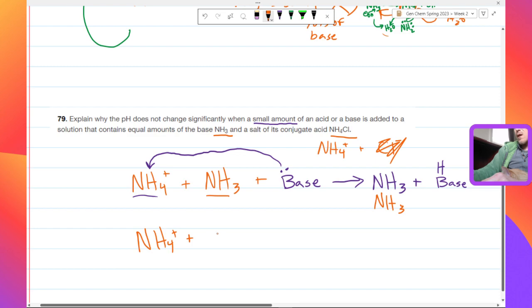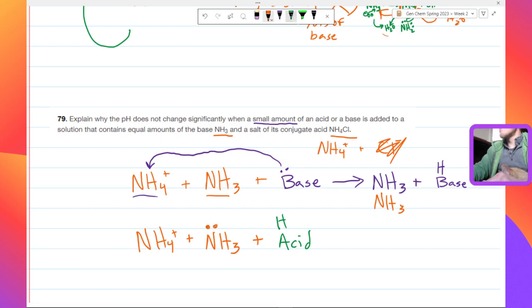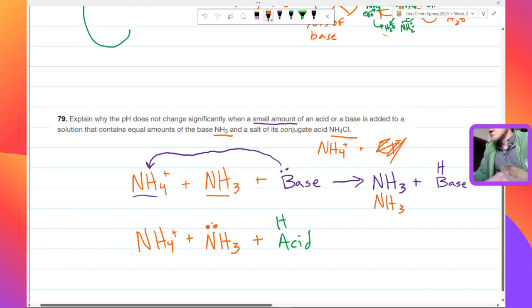Okay, so let's say on the other hand, we'd added an acid. You see where this is going. Let's use green for this one. So an acid shows up to the party with its own proton. And in this case, there's a lone pair right here on this nitrogen in the ammonia that's looking at that proton on the acid and thinking, hey, maybe you should hang out with me, right?